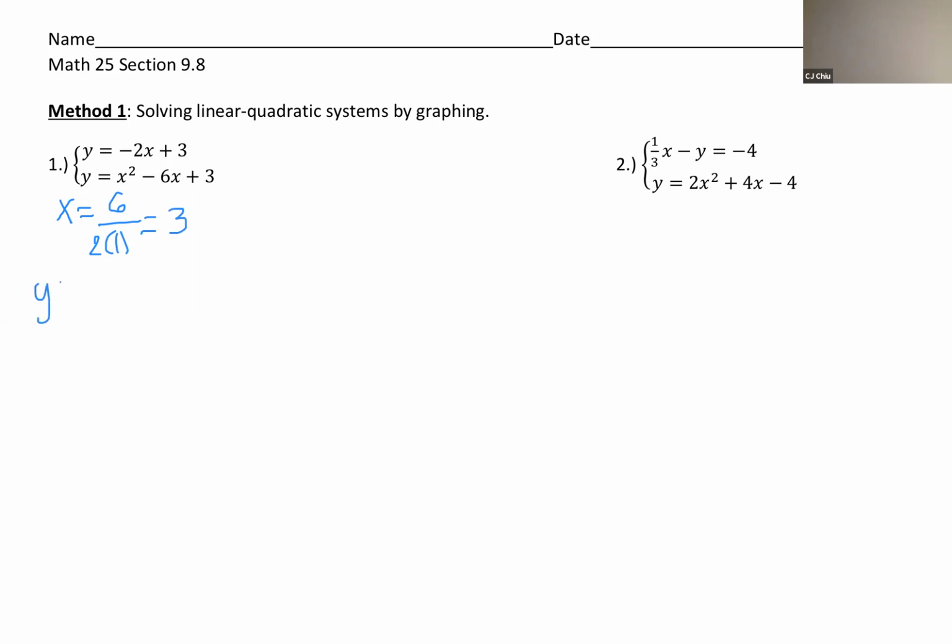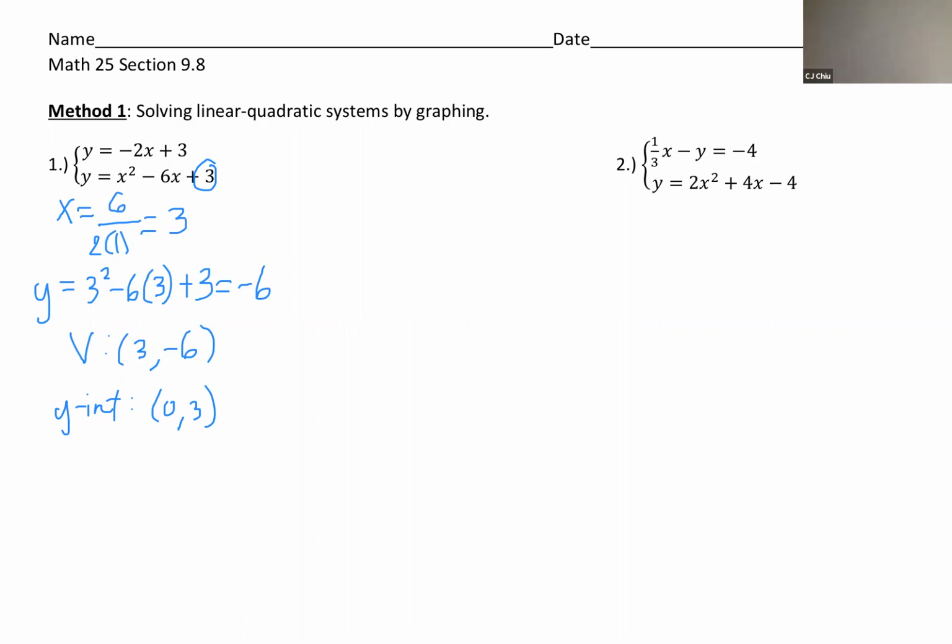Sub back in, 3 squared minus 6 times 3 plus 3, which gives us negative 6. So our vertex is 3, negative 6, and our y-intercept is this c right here, so 0, 3, okay?